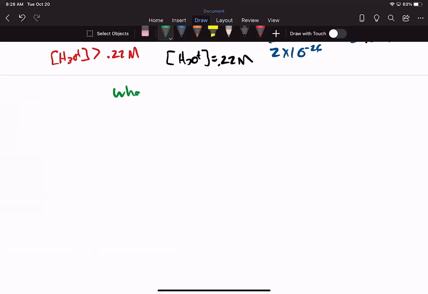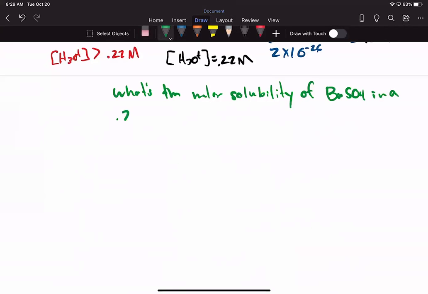We'll say, what's the molar solubility of barium sulfate in a 0.250 molar solution of sodium hydrogen sulfate?